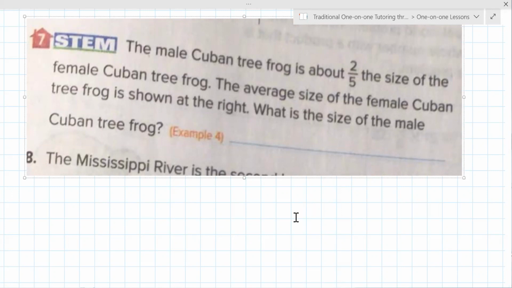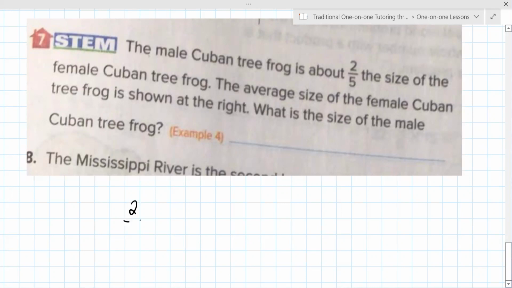What is the size of the male Cuban tree frog? Okay, good job. Are there any words in there that you do not understand? No. Okay, so it says the male Cuban tree frog is about 2/5 the size of the female tree frog. So is the male bigger or smaller than the female? He is smaller.